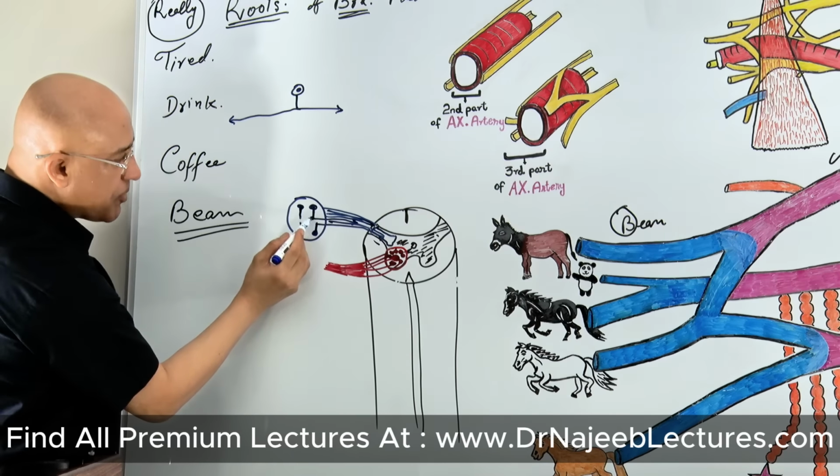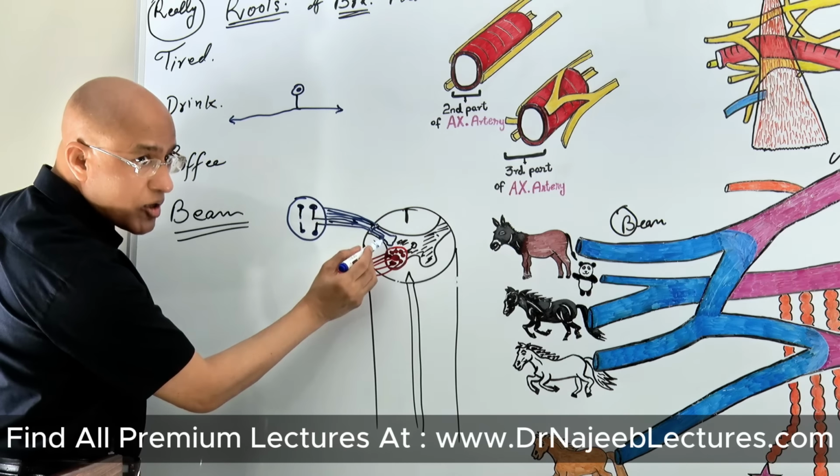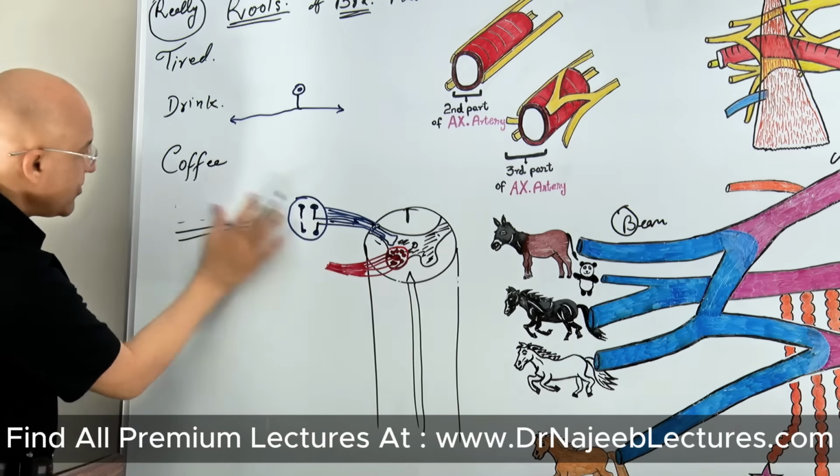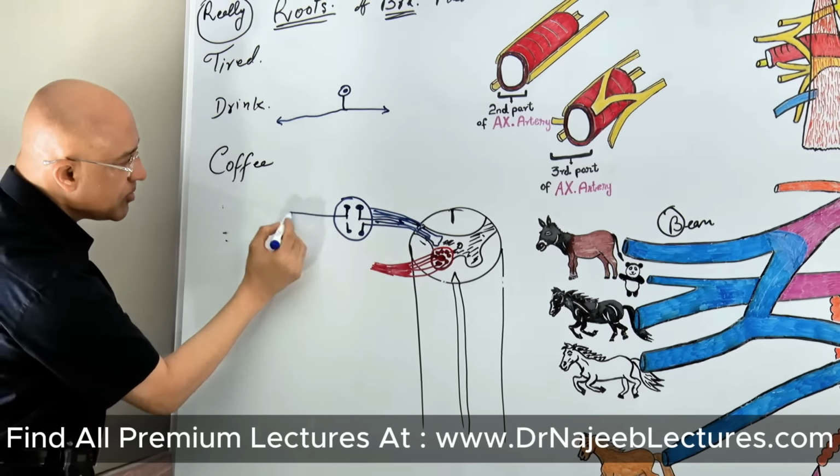These are fibers from the ganglion having central extensions, taking the information to the central nervous system, to the posterior horn of the spinal gray matter, and here are the other fibers which are going to the periphery, right? So now we have a system.